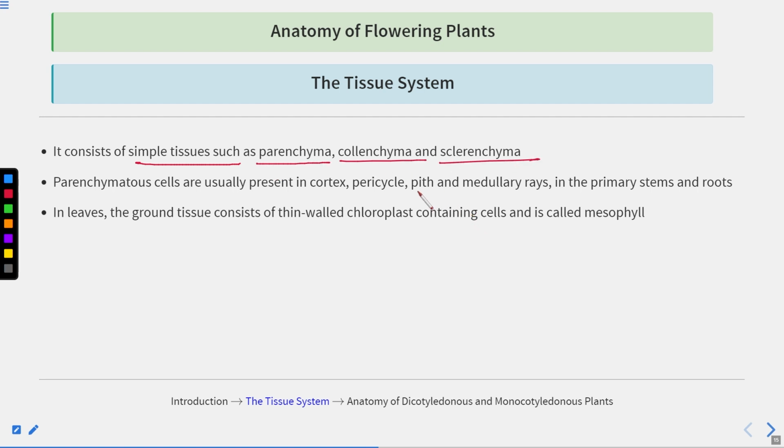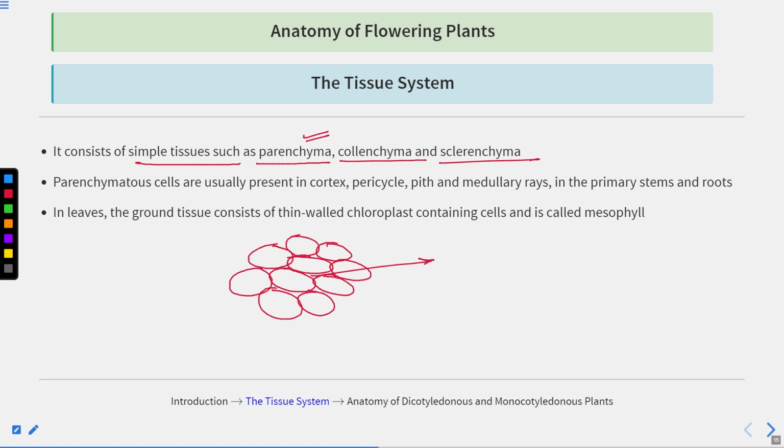If you talk about parenchyma, parenchyma cells are isodiametric like this, and they have intercellular spaces and vacuoles. We can see different types of parenchyma, and there are certain modifications as well.